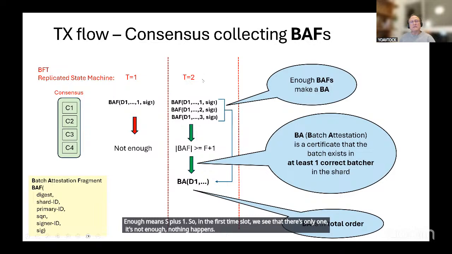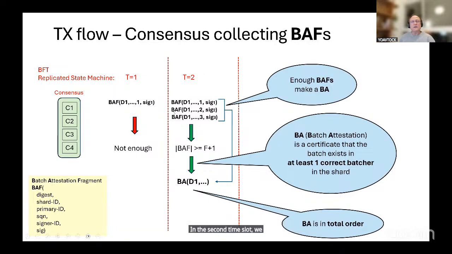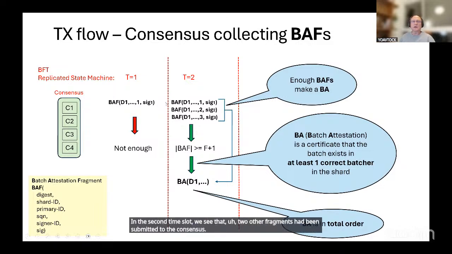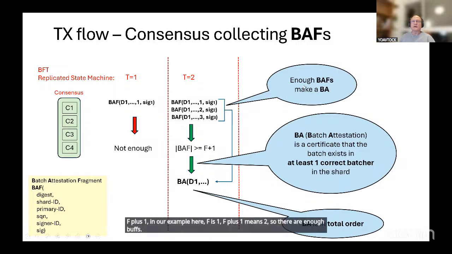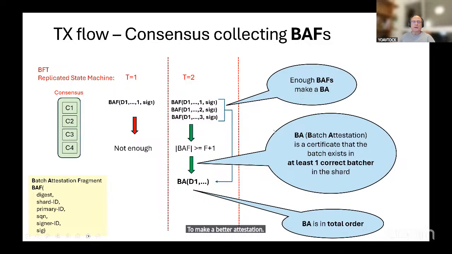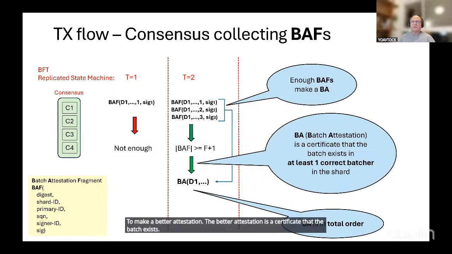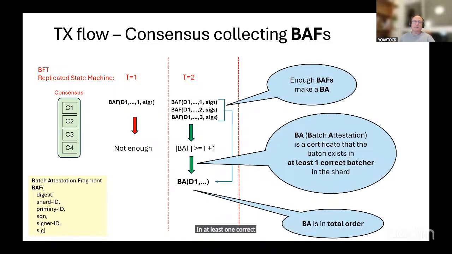In the second time slot, we see that two other fragments have been submitted to the consensus. And since there are now enough, more than F plus 1, and in our example here F is 1, F plus 1 means 2, there are enough BAFs to make a batch attestation. A batch attestation is a certificate that the batch exists in at least one correct batcher in the shard.